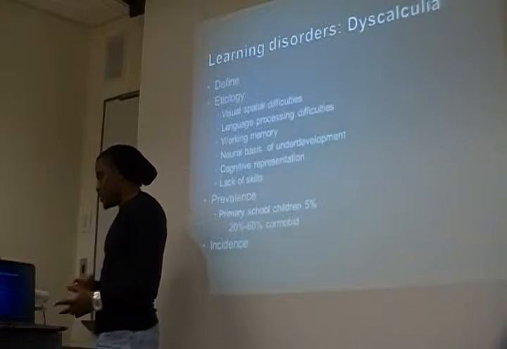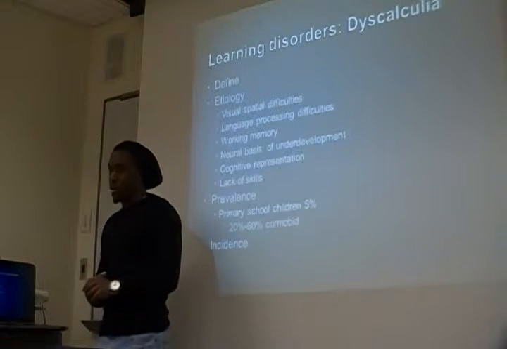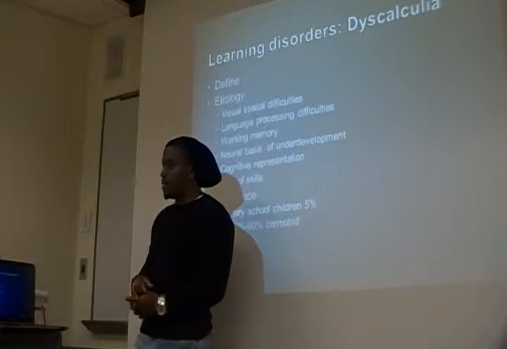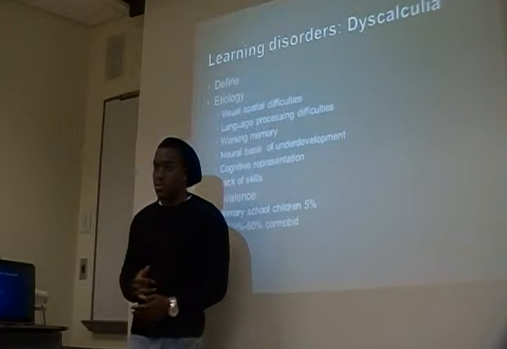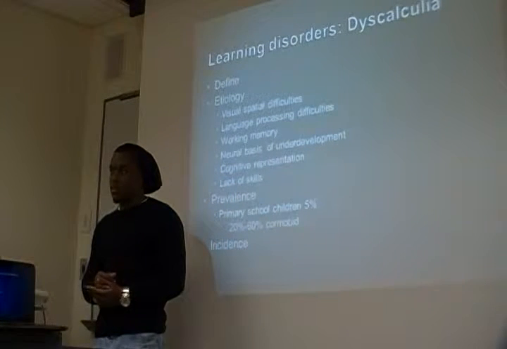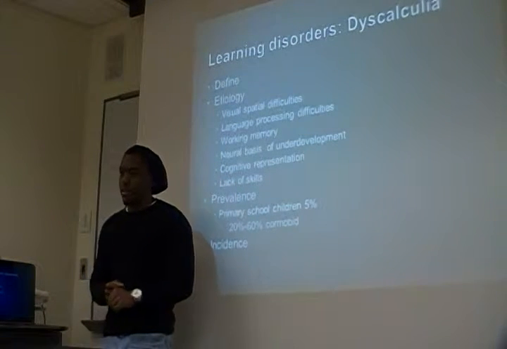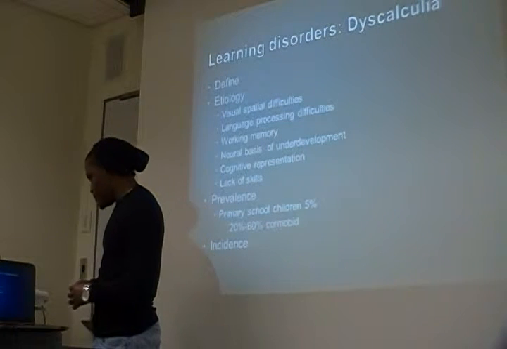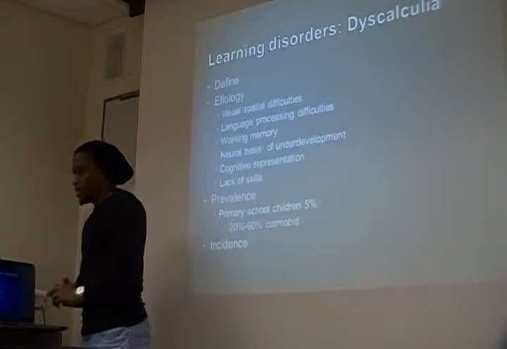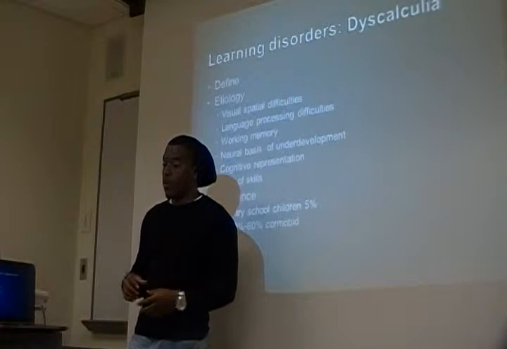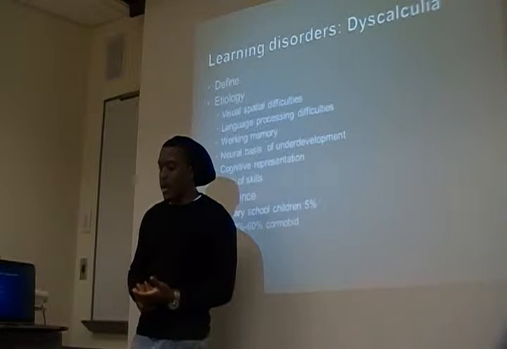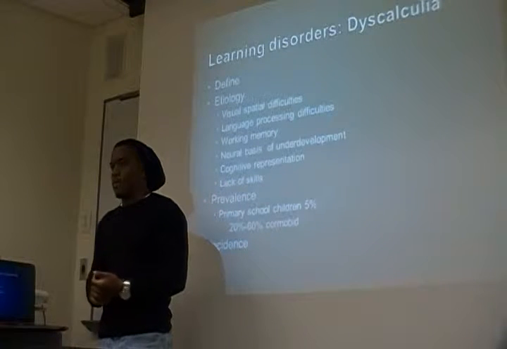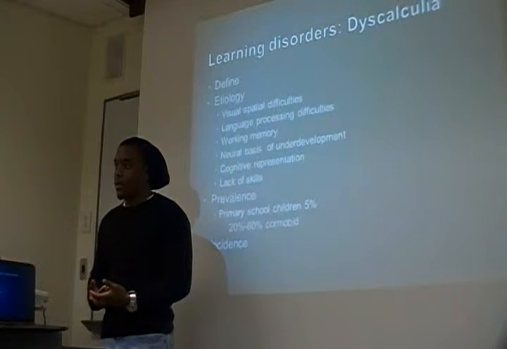So the two learning disorders that I chose were dyscalculia and dyslexia. I was going to choose executive function as well, but I thought that would be kind of redundant, seeing that we went to the seminar already. So dyscalculia is basically a learning disorder, or several disorders, that could make a person struggle in math.